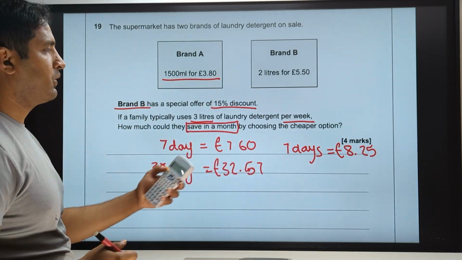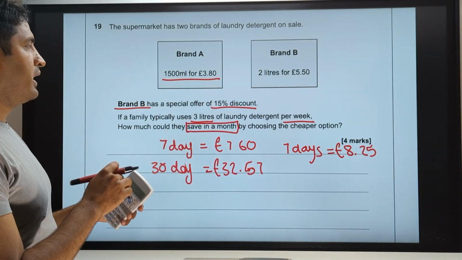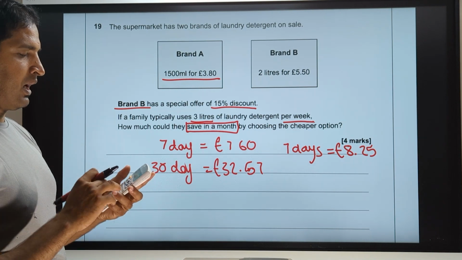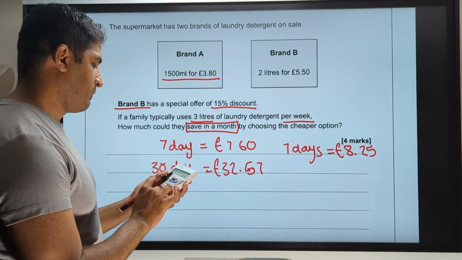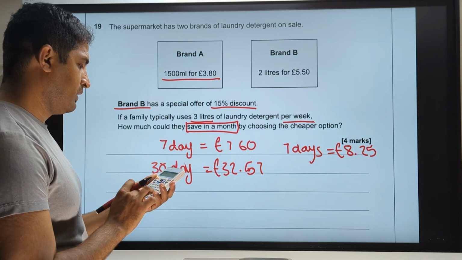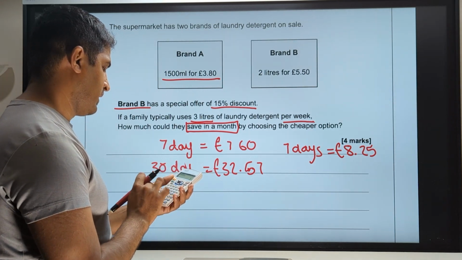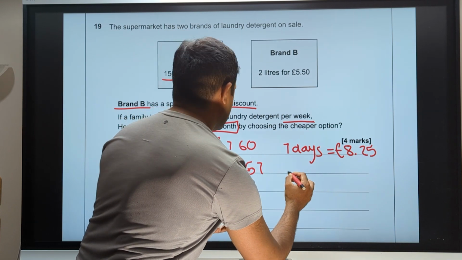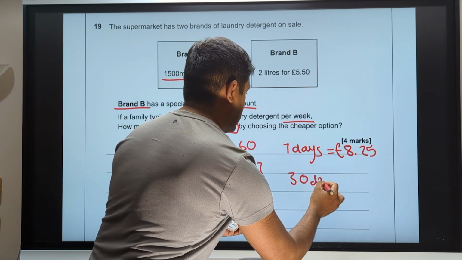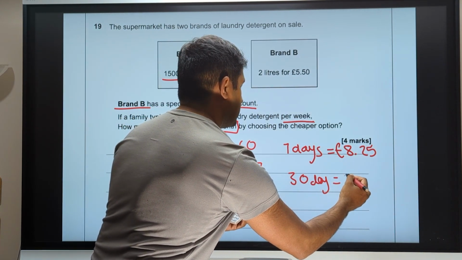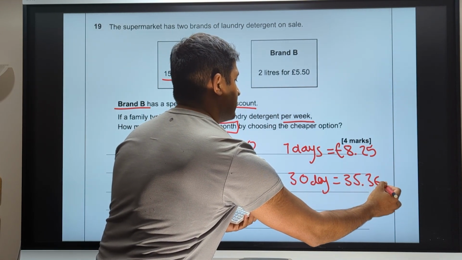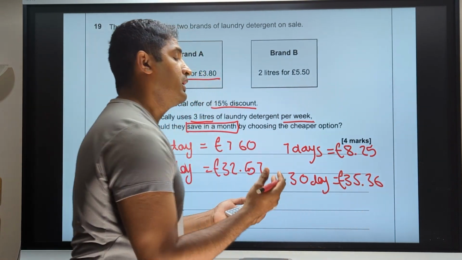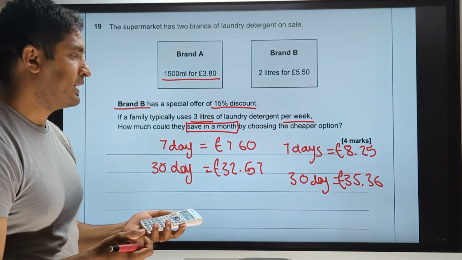Now you can work it out for 7 days, 30 days, and then apply 15% discount. Or you can apply 15% discount right now. So let's work out for 30 days. Divided by 7 and times it by 30. So we get 30 days. It would have been £35 and 36 pence, because this money, we always round it to 2 decimal places.